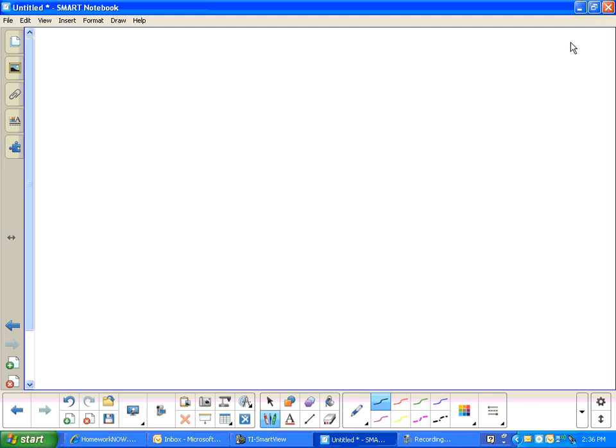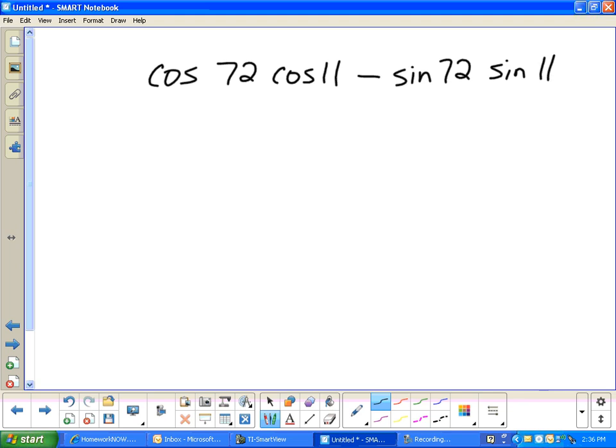I give you some complicated formula, and I need your 2 favorite numbers between 0 and 90. 72 and an 11. So I write something like this: cosine 72 cosine 11 minus sine 72 sine 11.